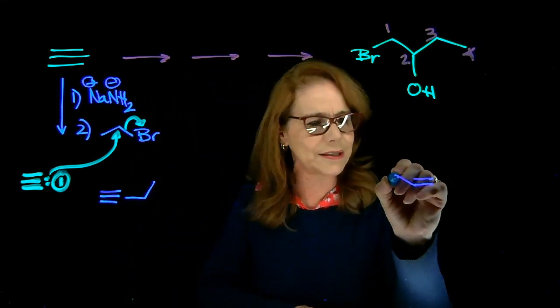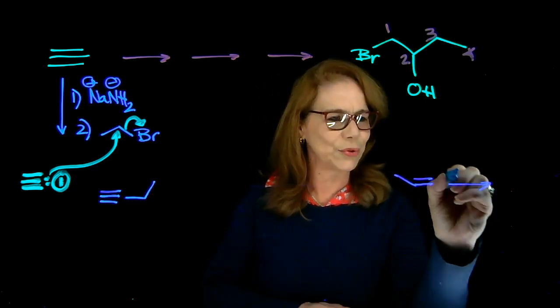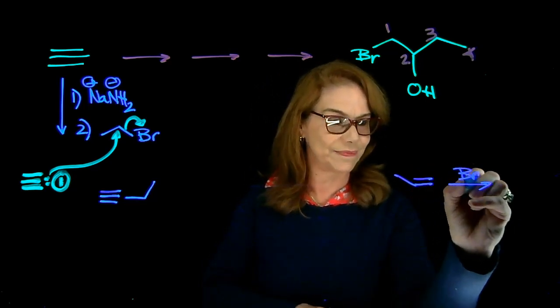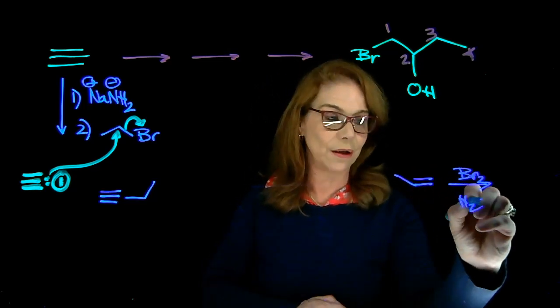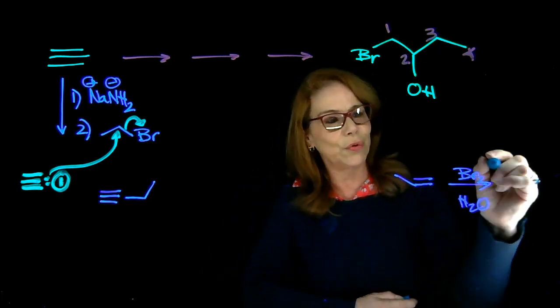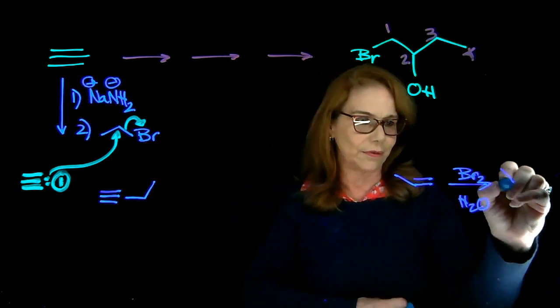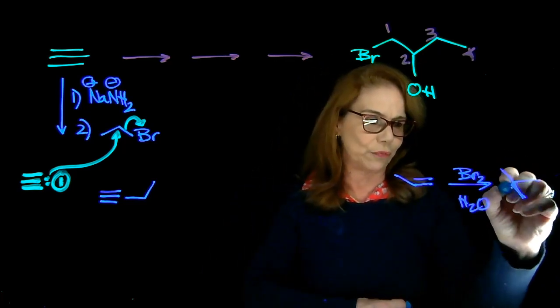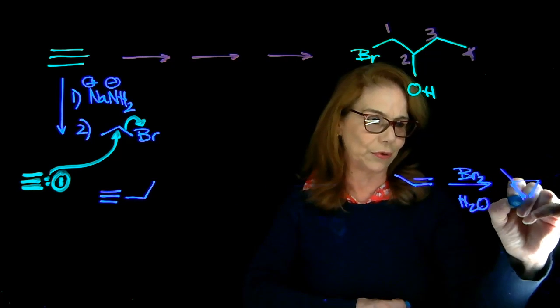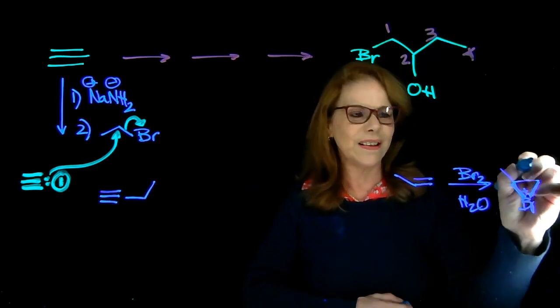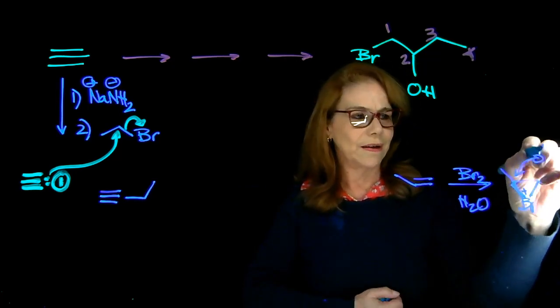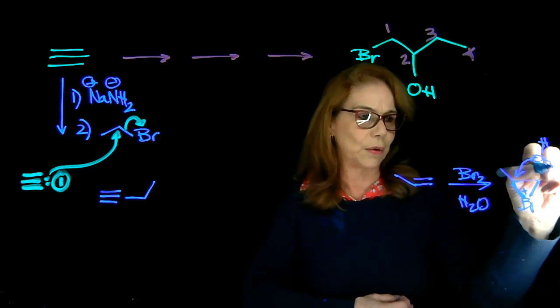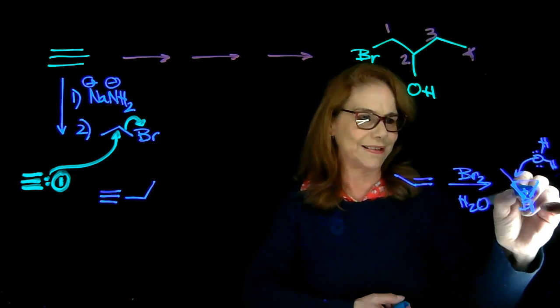If I had, say, an alkene, and I do bromination in the presence of water, you guys remember that we will form a bromonium intermediate here. And then you will have the attack. Your nucleophile is going to be water instead of bromide because it is in larger quantities.